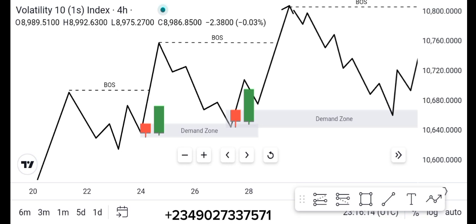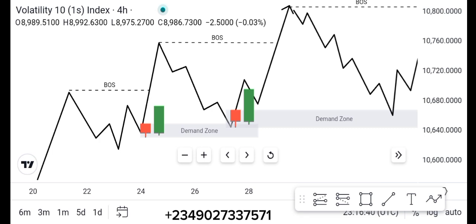The third candle must have inefficiency. It must leave a space or fair value gap behind. Once you see a space, that is an indication that this zone is valid, and you should expect price to come back correctively to that zone before buying or selling. So this is the buy scenario in an uptrend.